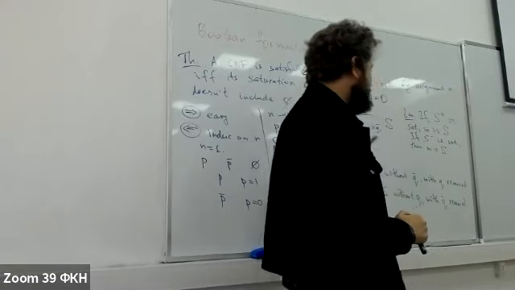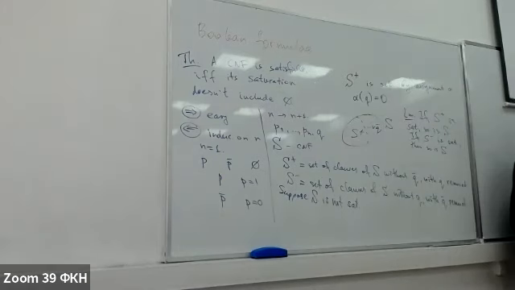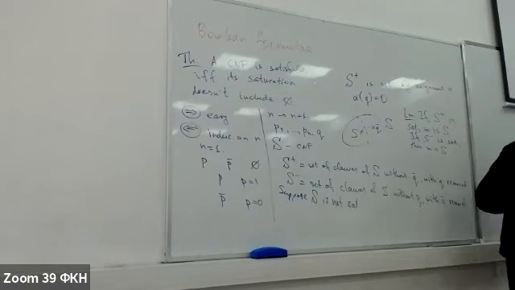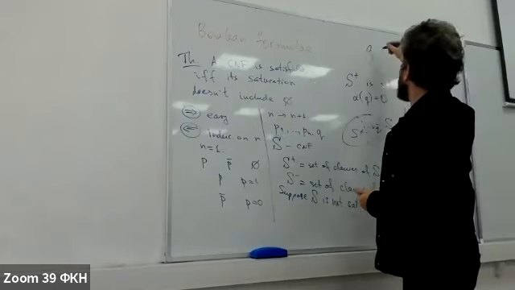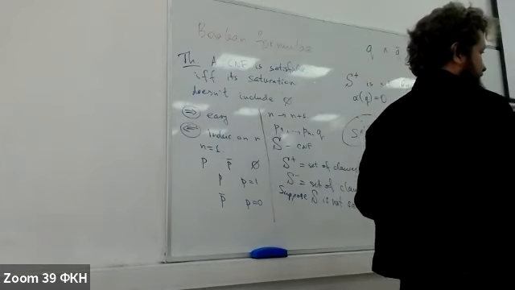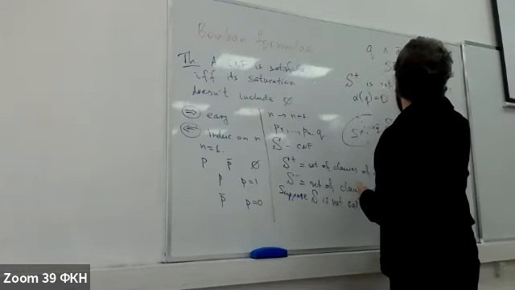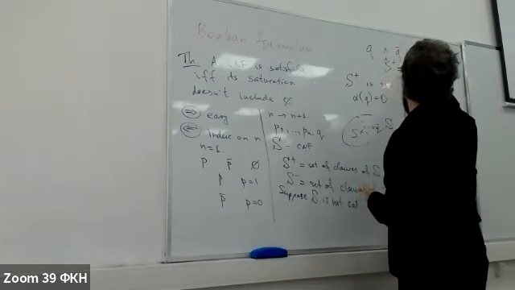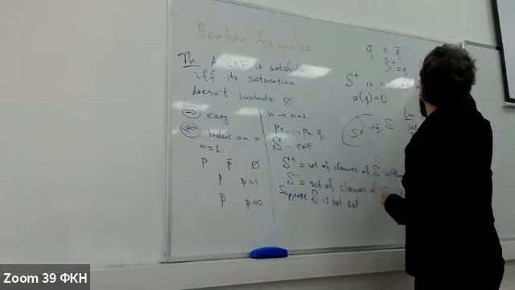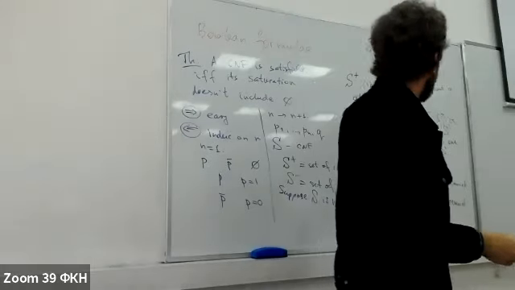But if we have a clause with Q, then if we didn't remove it, we could satisfy it using Q equals true. So for example, suppose we have a trivial CNF which is Q and not Q. Then if we don't remove Q, we will have S plus equals Q, and S minus equals not Q. These are both satisfiable, but this is not.